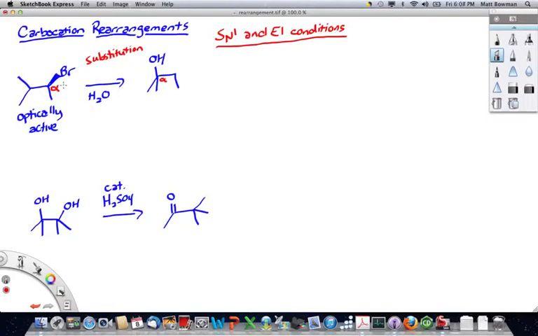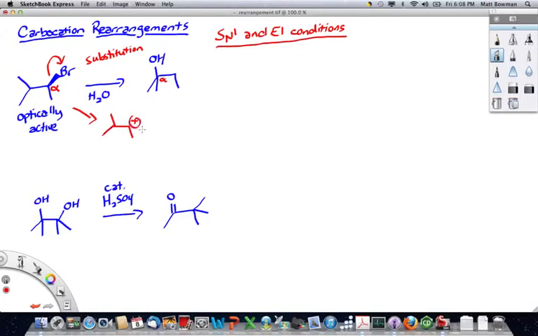So, in fact, we see that right here. We have a secondary center, and our nucleophile is an SN1 nucleophile. In the SN1 reaction, you have the leaving group leave, giving us a secondary carbocation.